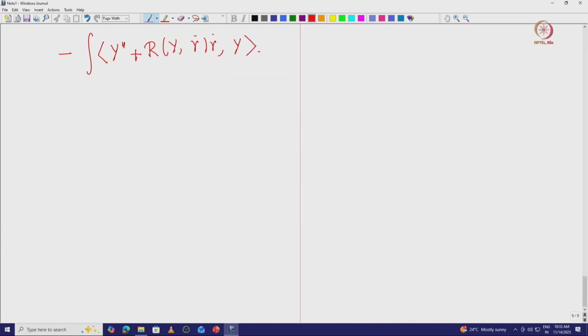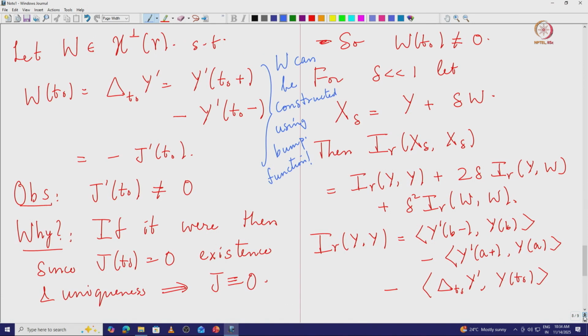Now y is a broken Jacobi field, right? Because it is a broken Jacobi field, this term is 0. On the other hand, you go back to the boundary terms, y vanishes at the boundary, so this is also 0. By the way, I write a and b, I should write 0 and L. Okay, let me correct that.